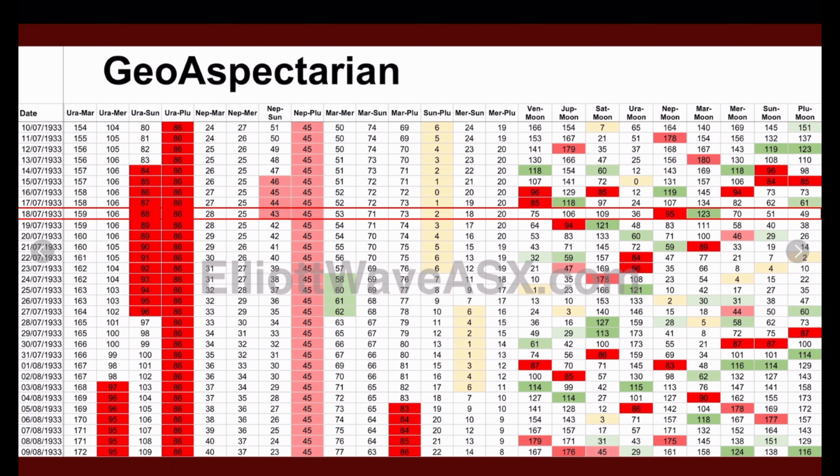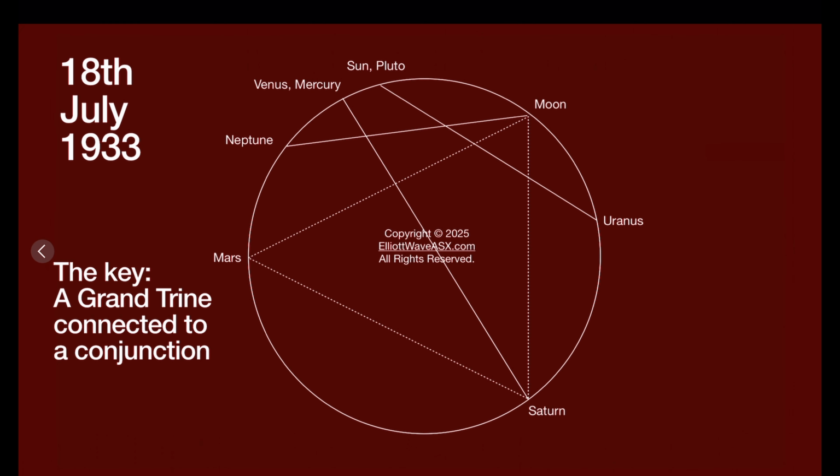So looking at a schematic of the aspects at the high, the key is we have a grand trine that's connected to a conjunction. Mercury, that was the next closest planet in the setup, is involved in the ending pattern.